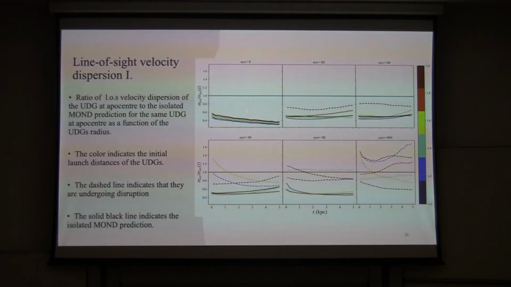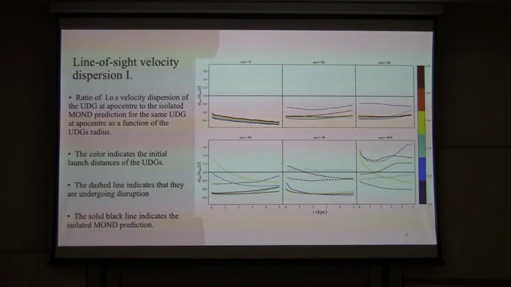For low eccentric orbits, the velocity dispersions don't reach the isolated MOND limit at all. Here also, only the dashed line, meaning they are under disruption. So at low eccentric orbits, they cannot reach the isolated MOND value. For higher eccentric orbits, however, some of them seem to reach the isolated MOND prediction, especially in this case.